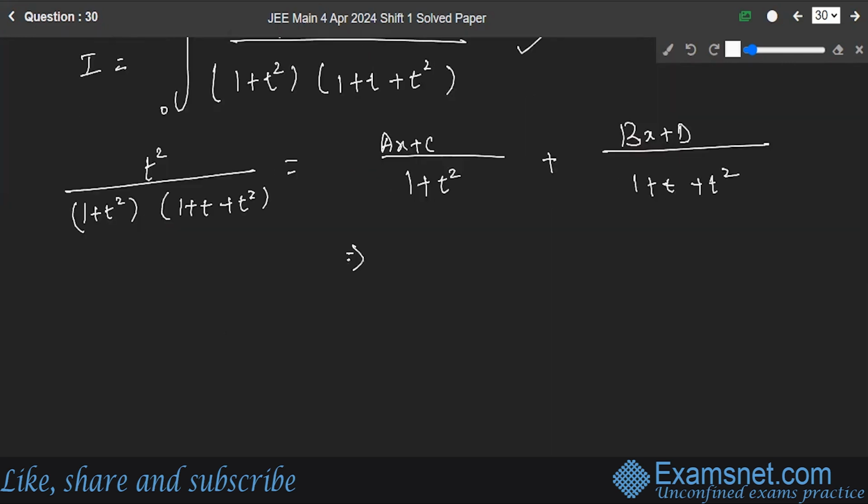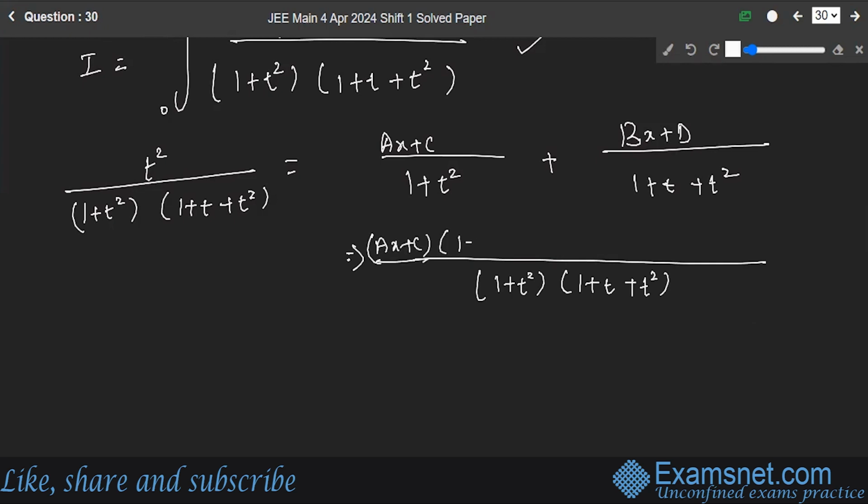And let's take the LCM, 1 plus t square, 1 plus t square. Here you have ax plus c into 1 plus t square, bx plus t into this. So let's open it.